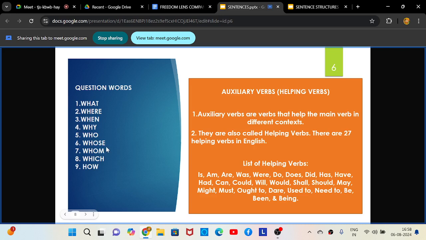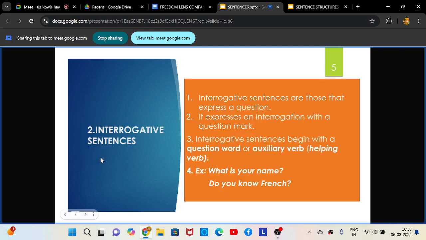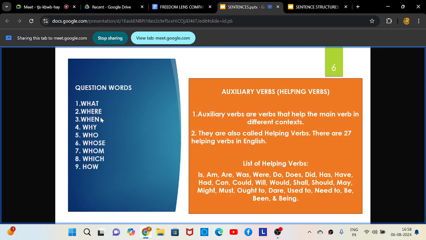Sometimes we also call them WH words, except how, the rest of the words begin with WH, right? So we call them WH words or question words. Interrogative sentences can be formed with a question word. For example, what is your name? Where are you from? When is your birthday? Why are you late?